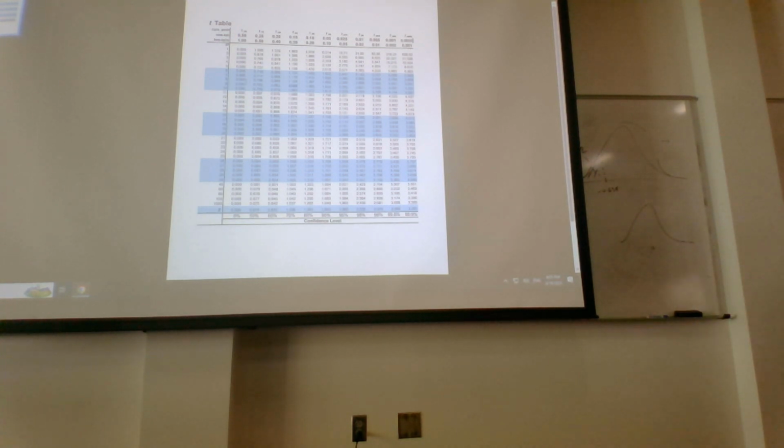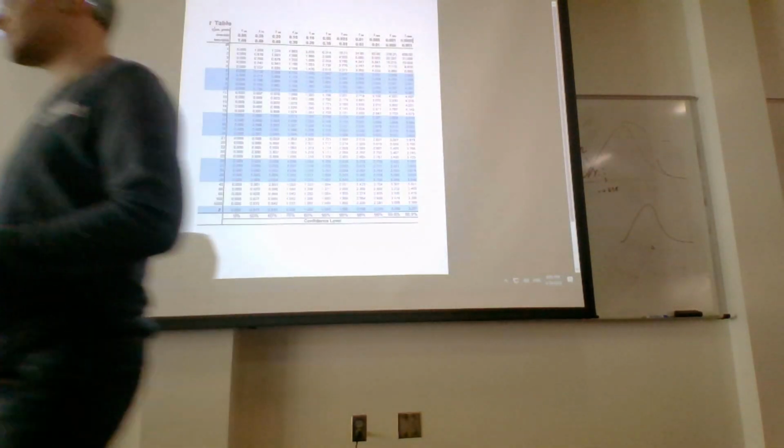Hold on. This column is saying this is cumulative probability, which is like a CDF. Ours doesn't have that. Does your table look different? It has confidence level at the top and then the 1 tail and 2 tail probability at the bottom.